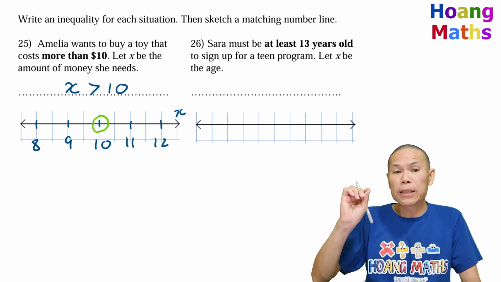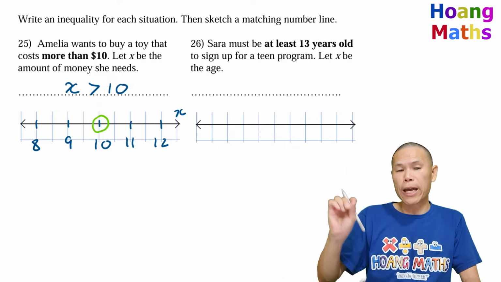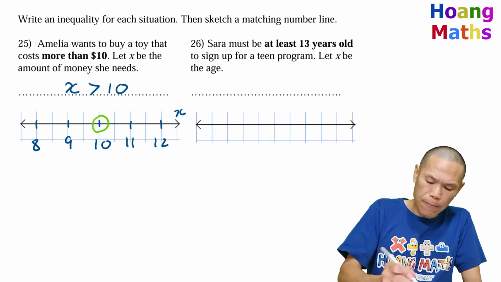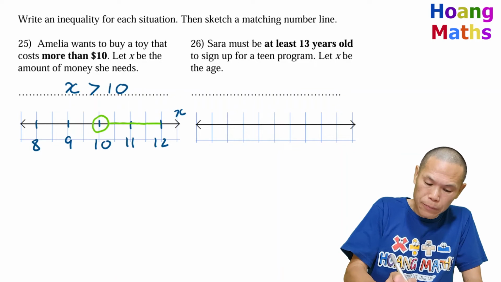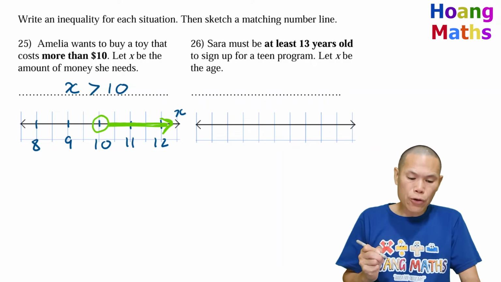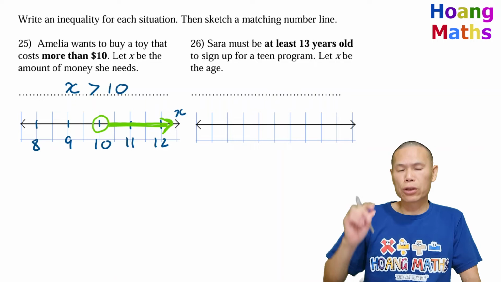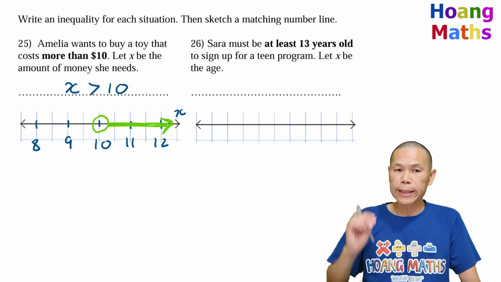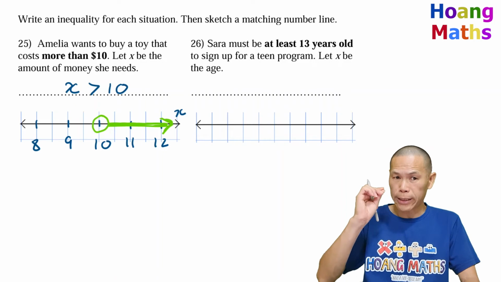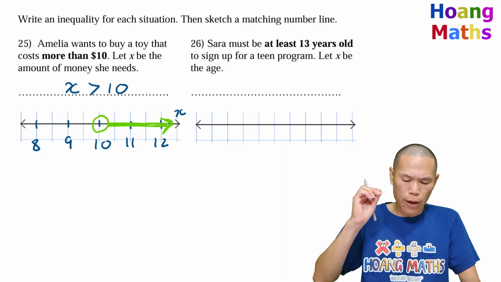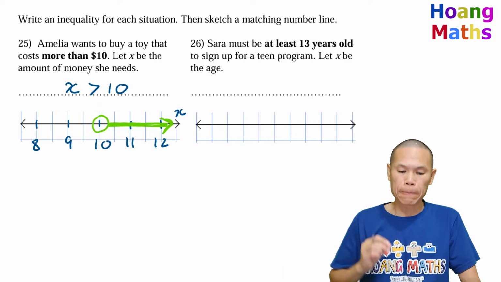All the numbers on the right hand side of 10 are greater than 10, right? So all these numbers greater than 10. So there you go, and not including 10. More than $10 means not including 10. 10 is not more than 10, 10 is equal to 10. So therefore, the circle should be empty.